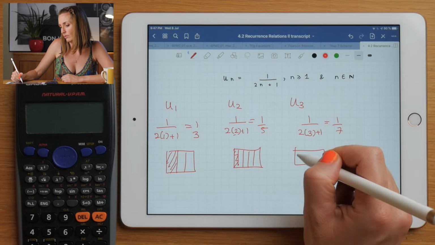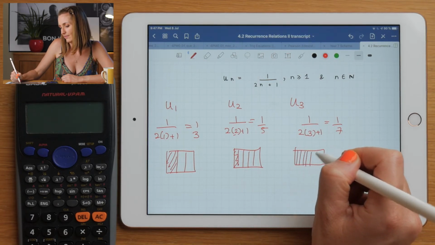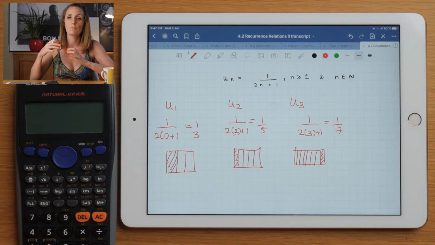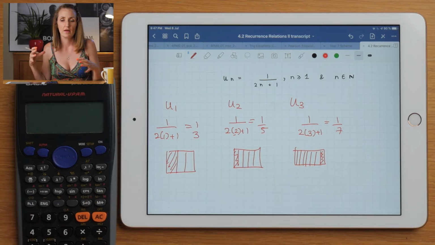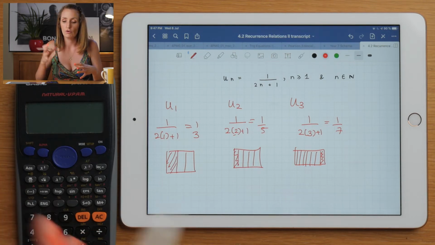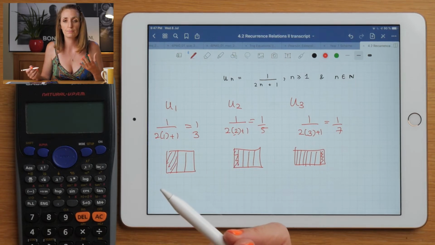And a seventh, I'm going to draw 7 of these: 1, 2, 3, 4, 5, 6, 7. A seventh would be smaller again. So as the bottom number is getting bigger, the fraction itself is getting smaller because we're splitting up 1 into more and more pieces. But that wouldn't be sufficient for a proof.